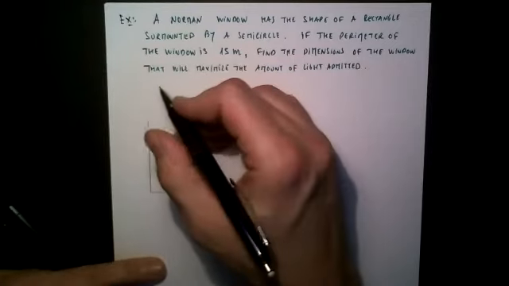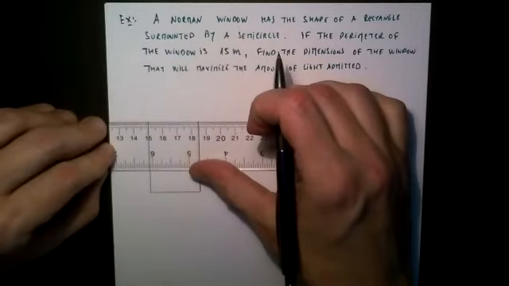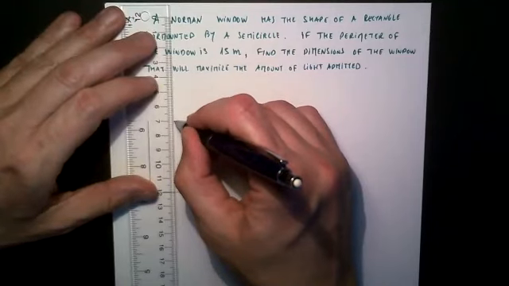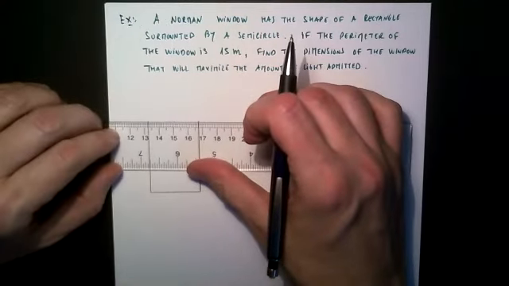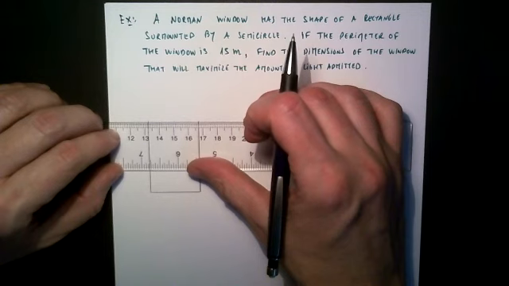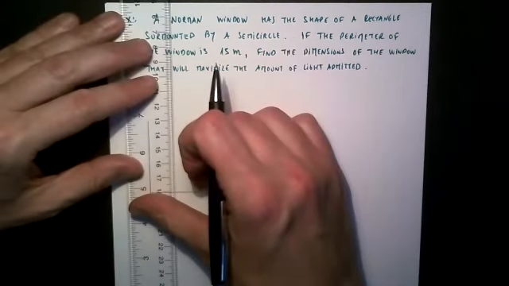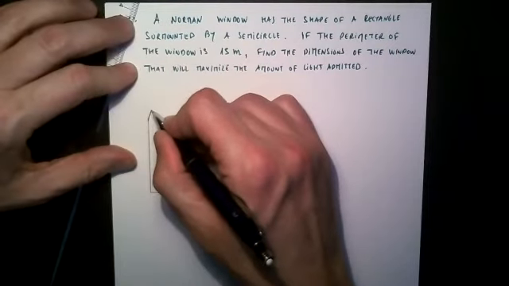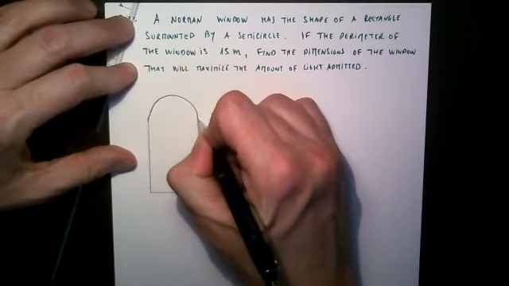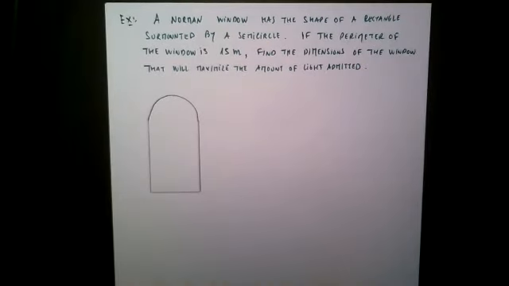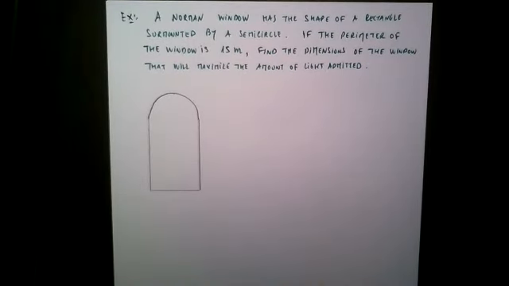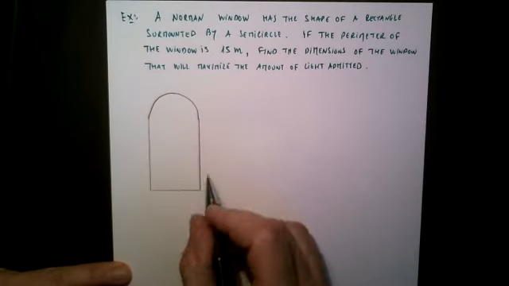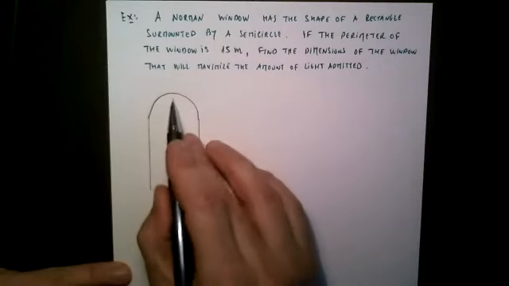So there's sort of a semicircle here, something like this. And we know that the total perimeter here is 15. We want to maximize the area.